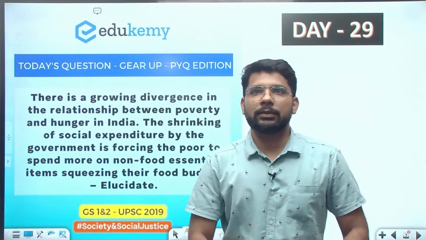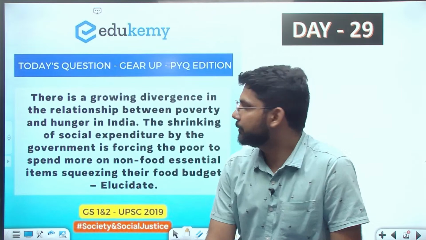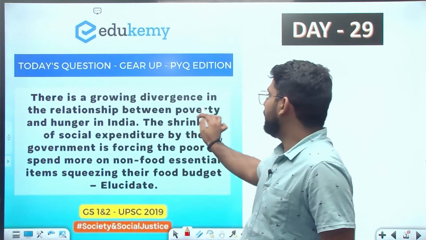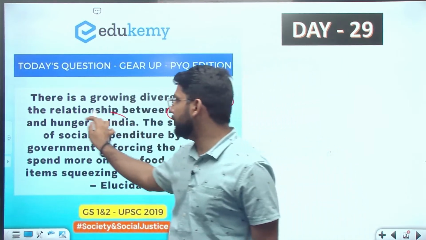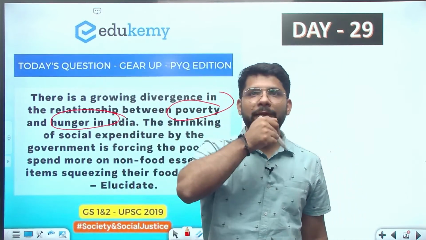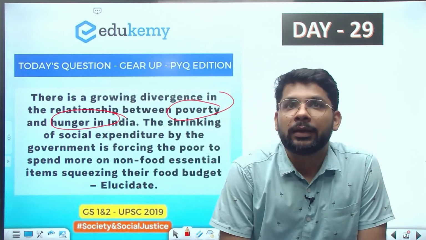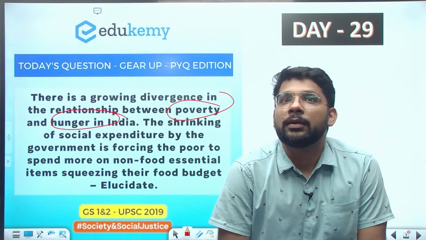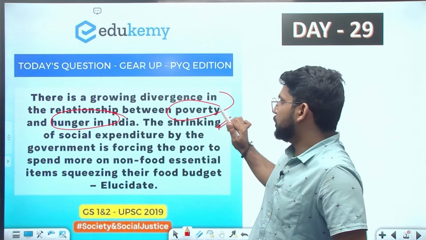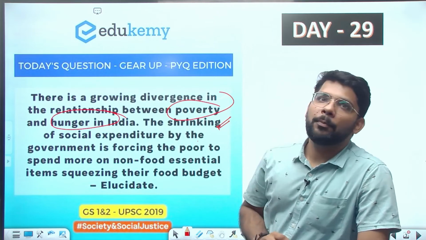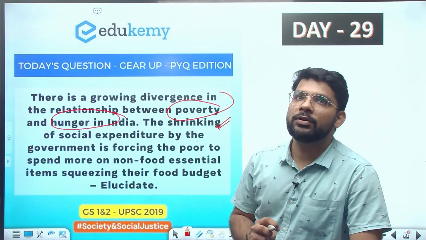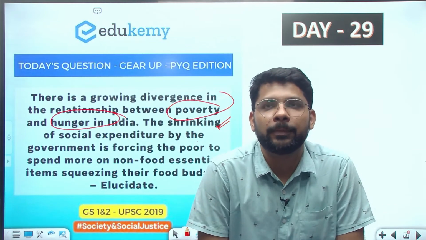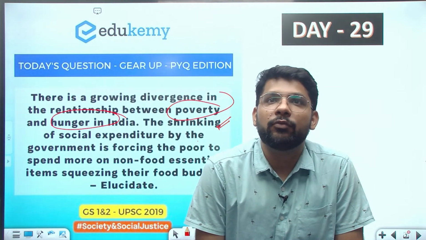The question is: there is a growing divergence in the relationship between poverty and hunger in India. The shrinking of social expenditure by the government is forcing the poor to spend more on non-essential food items, squeezing their food budget.